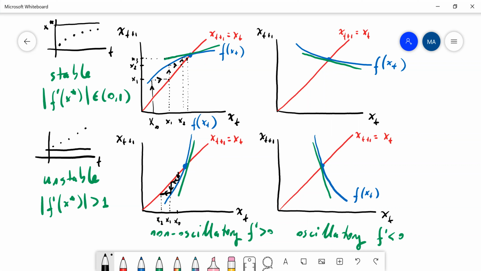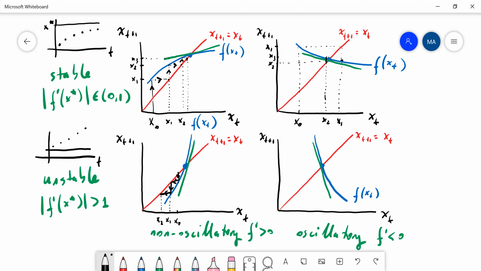But if you look here, let's say x0 is here. If x0 is here, you go to the blue line and find x1, right? x1 is here. Then if this is x1, this one is x2, right? And then you find x3 here.